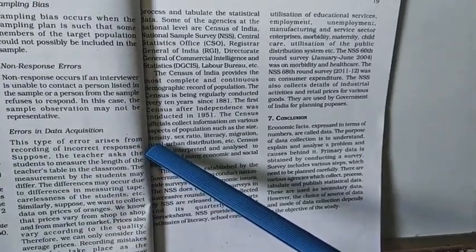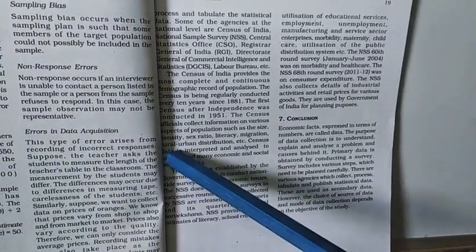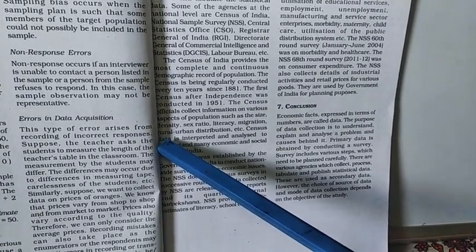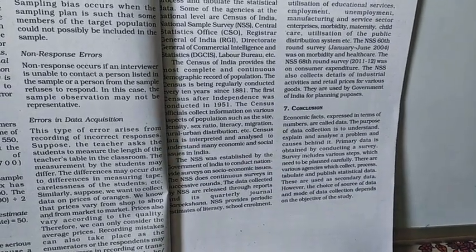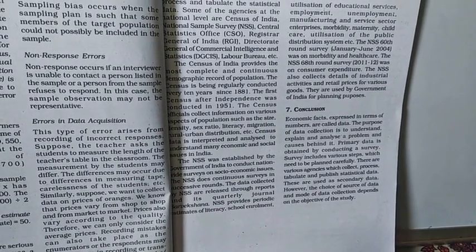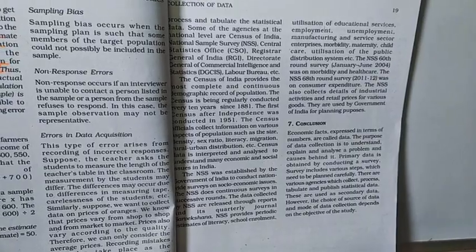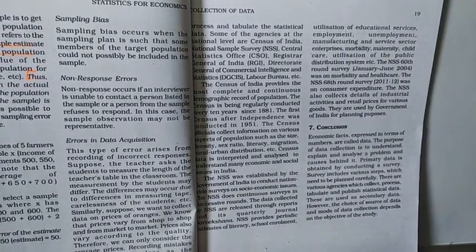The census is carried out every 10 years, and they publish it in their magazines, on their official websites, and in government reports.